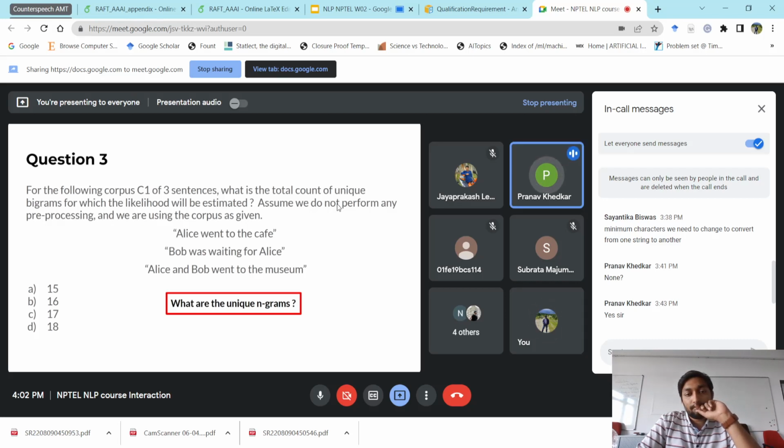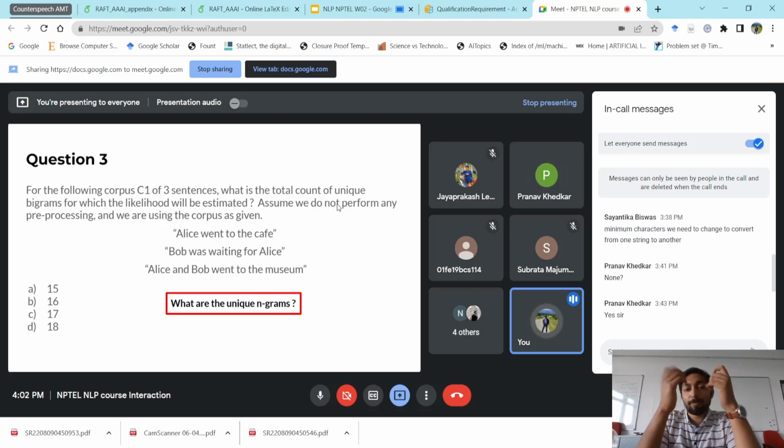So in general, when we talk about bigrams, we take the present word and the preceding word. Okay, the consecutive words, yes. And how do you generalize a bit? So then what will be the n-grams, and then what are unique n-grams?